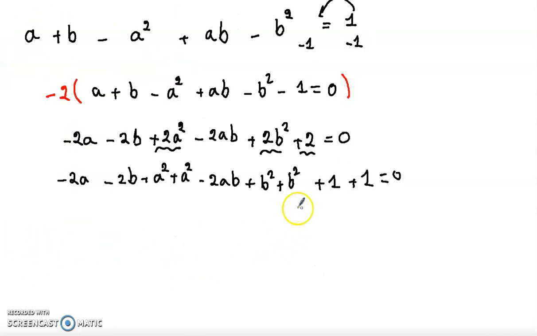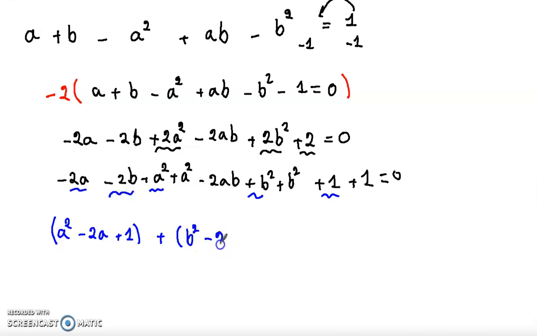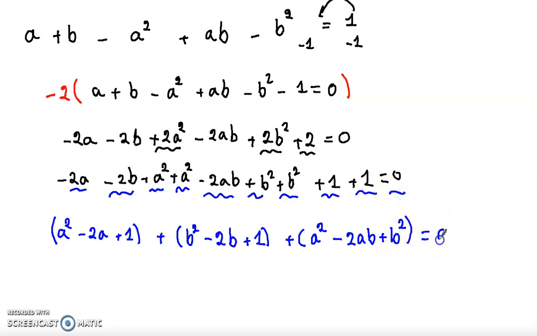And now let's arrange this equation. So a squared minus 2a plus 1 in parentheses, plus b squared minus 2b plus 1, plus a squared minus 2ab plus b squared equal to 0.